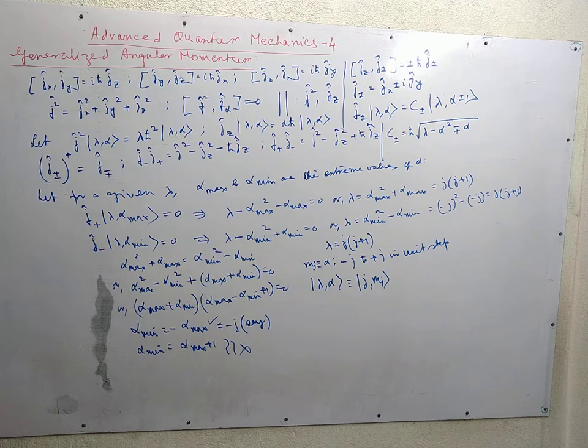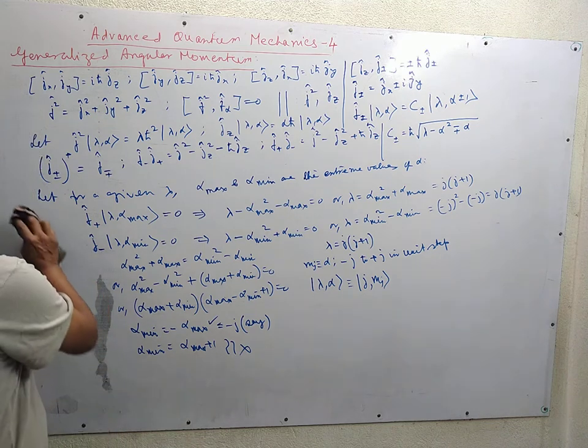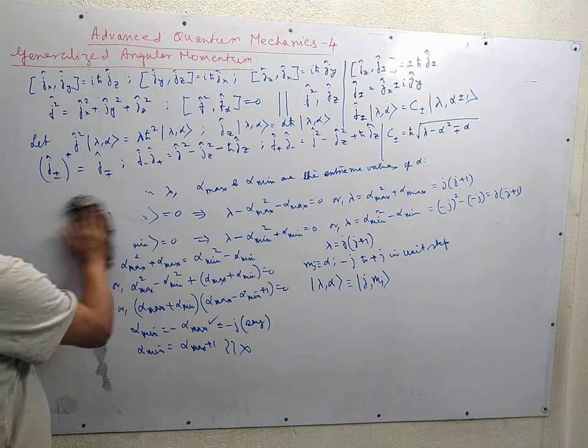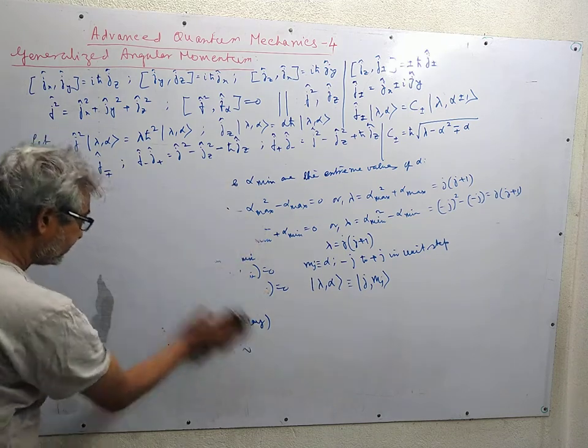So we see that we get a relation between eigenvalues of J squared operator and eigenvalues of Jz operator. So let me first rewrite the eigenvalue equation.